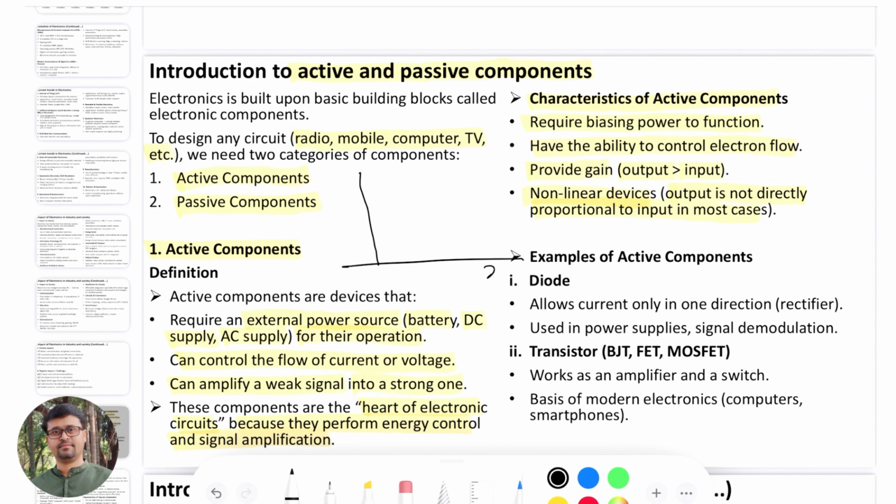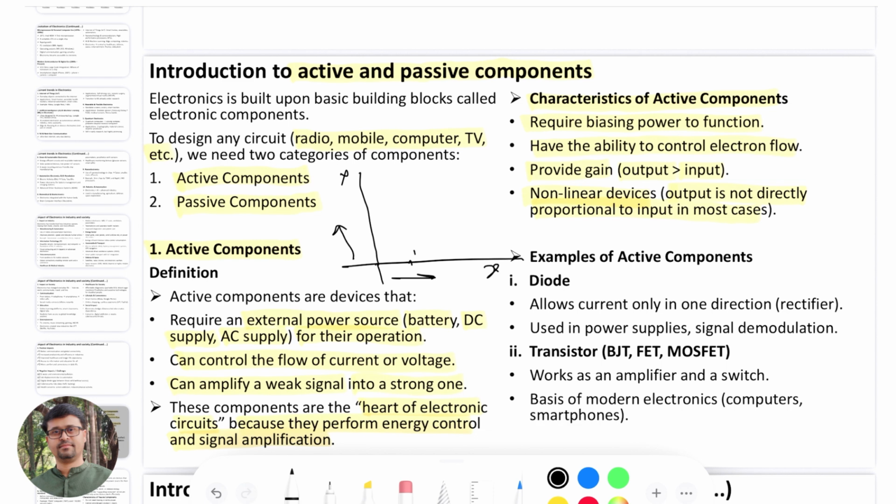Suppose we are considering the x-axis and the y-axis. Here is the x-axis, here is the y-axis. Any component, if you are measuring its characteristics, and the value on the x-axis increases, the value on the y-axis also increases proportionally.